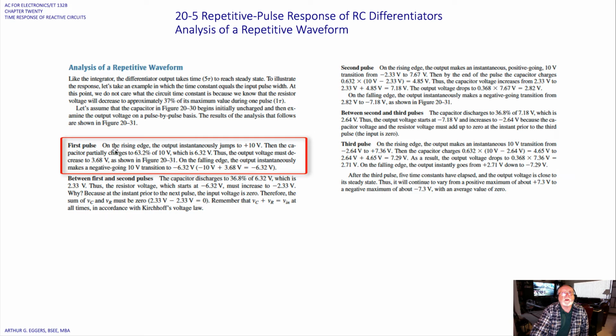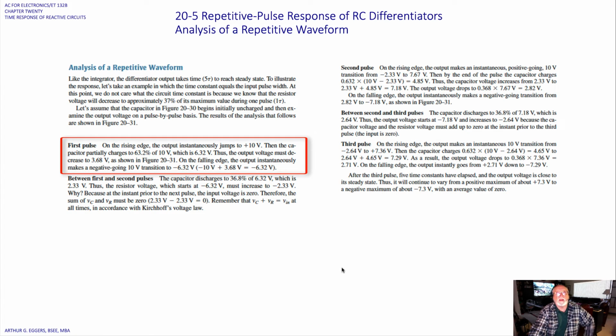So for the first pulse on the rising edge, the output instantaneously jumps to plus 10. Then the capacitor partially charges to 63.2% of 10 volts, which is 6.32. Thus, the output voltage must decrease to 3.68 volts as shown in the figure.